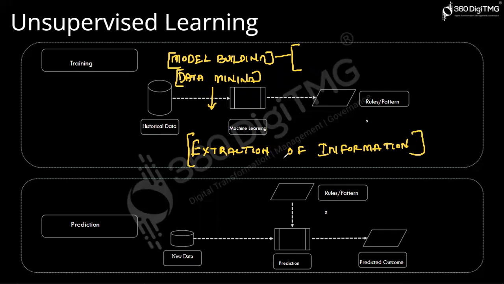The trends or patterns which we get are the insights that we use to develop a machine learning model.